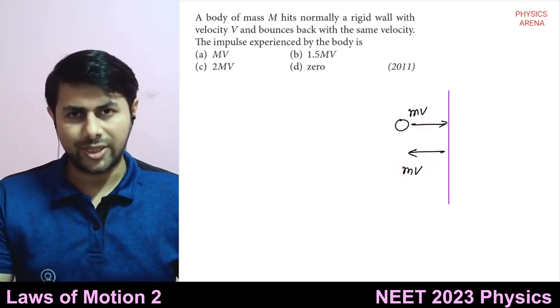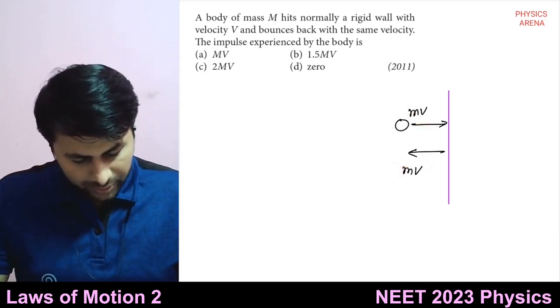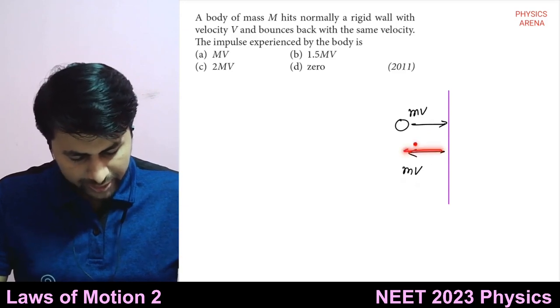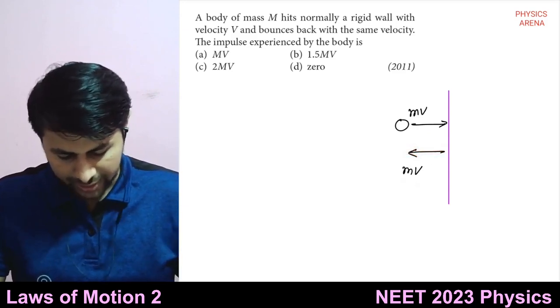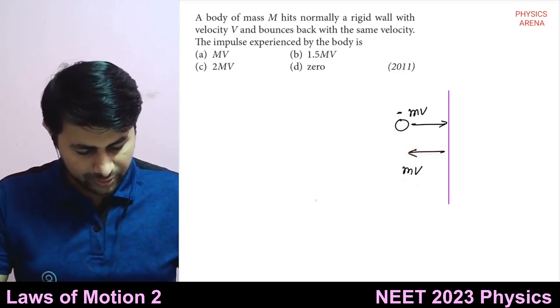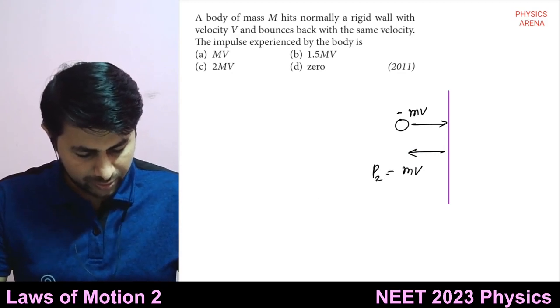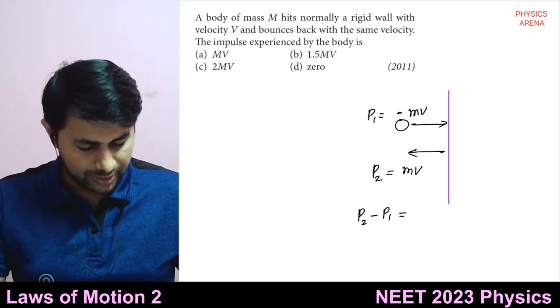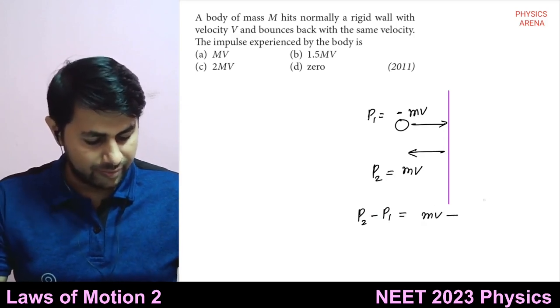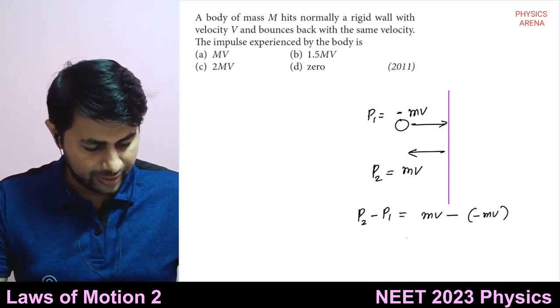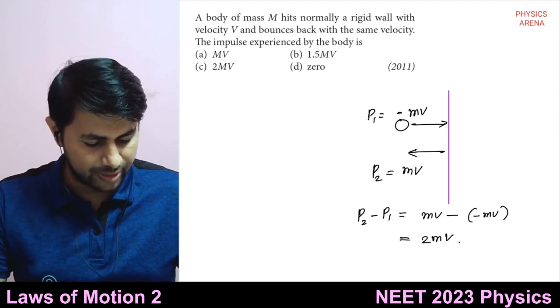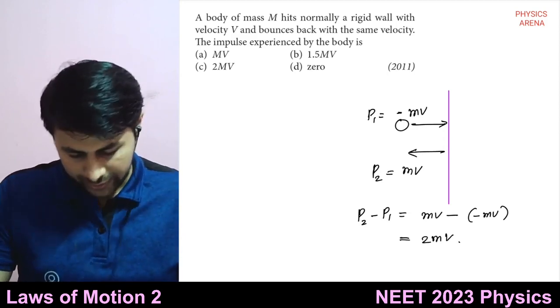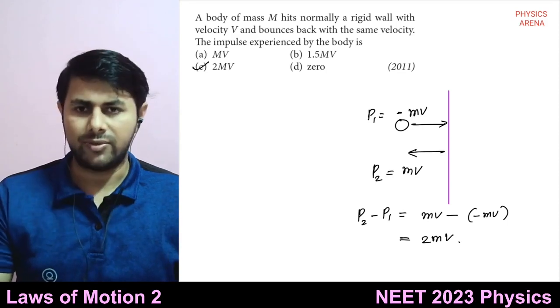But how much would be the change in momentum? If I call the final positive and initial negative, the change in momentum is P2 minus P1, which is mv minus (minus mv), equal to 2 times m into v. So this is the answer, 2 mv.